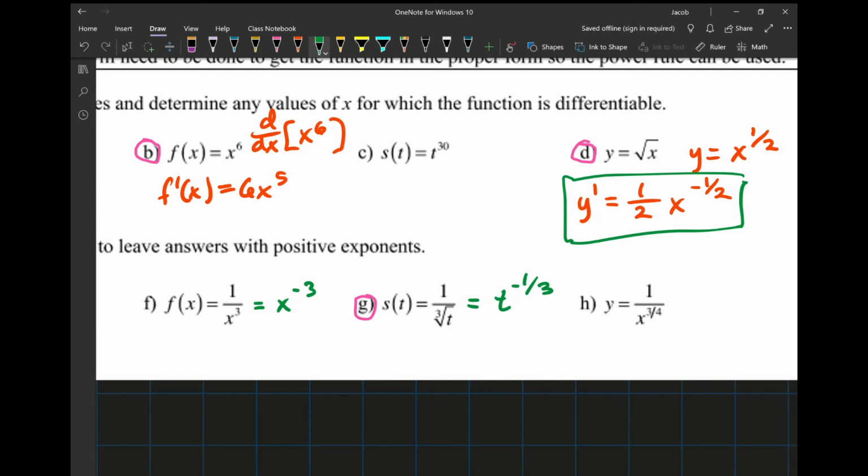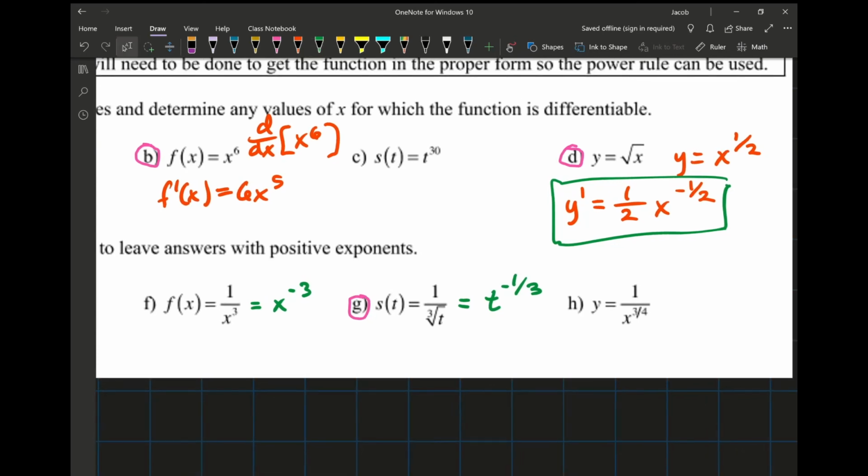If t is in our denominator and we have a radical, then that radical becomes a fractional exponent, but it has to become a negative fractional exponent in the numerator. So we have used those rules that we've learned from exponents in other classes.